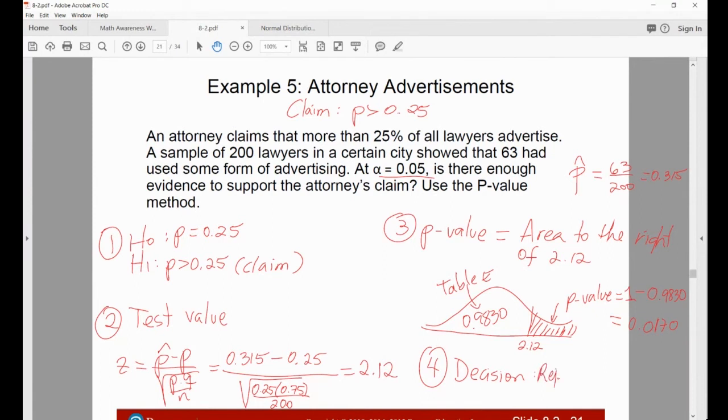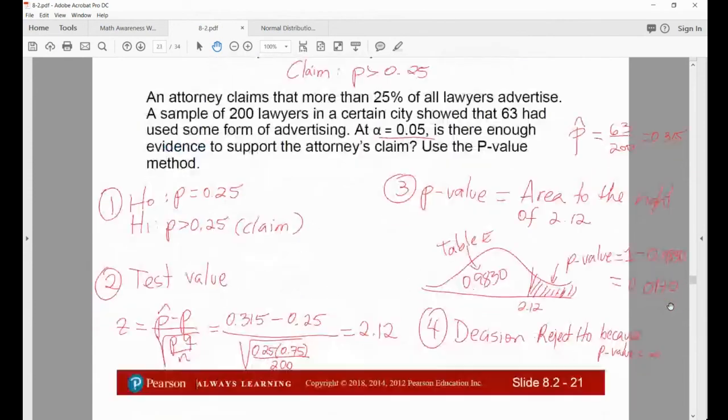The decision is to reject the null hypothesis, because the p-value is less than alpha. When the p-value is less than alpha, we reject the null hypothesis. When the p-value is greater than alpha, we fail to reject the null hypothesis.